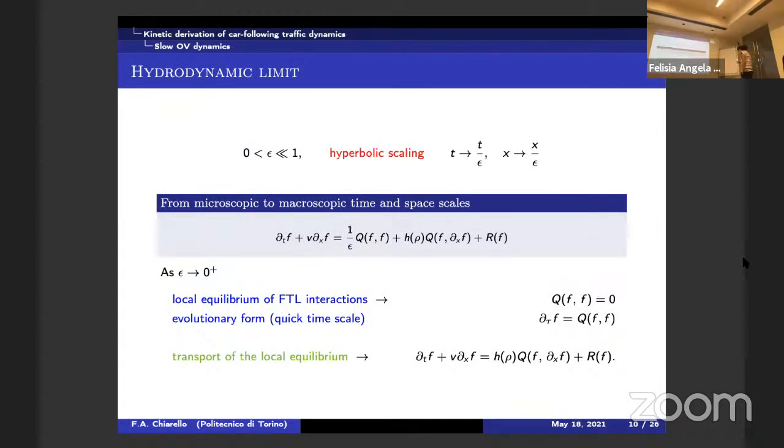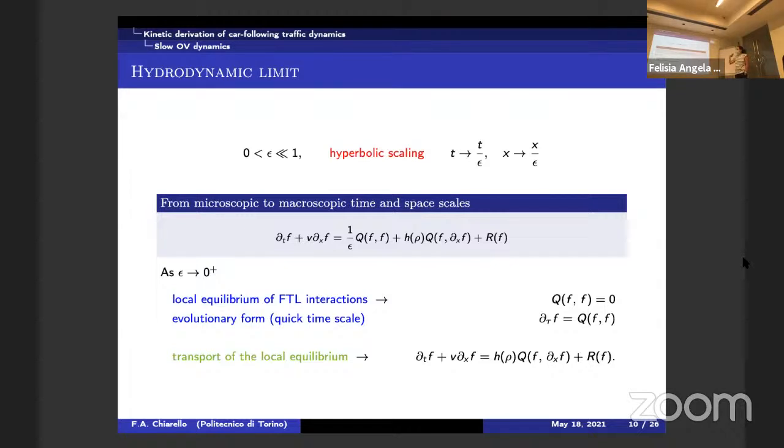Okay, so now what we would like to do is to pass from the microscopic scale to the macroscopic scale, and we perform the hyperbolic scaling like this. So we scale the time and space like this, and we can write this equation.